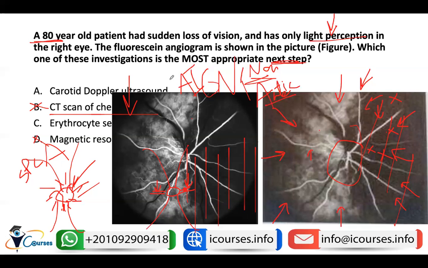And by the way, this photo was published in one of the papers, and it was diagnosed as giant cell arteritis. So just to let you know how the ICO examiners put the exam. Yeah, this is the same photo itself, exactly the same.